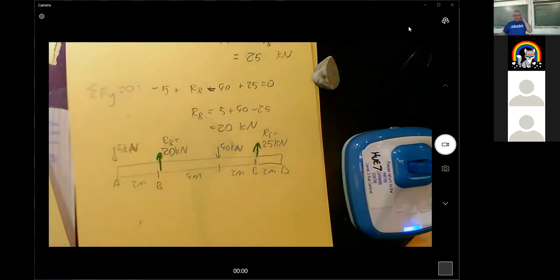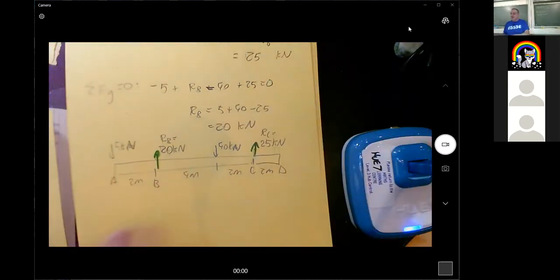I've lost track of what my goal was now. I found the reactions. That is one of the questions in the exam. Shear forces. Cool. Okay. Now I can draw my shear force diagram.